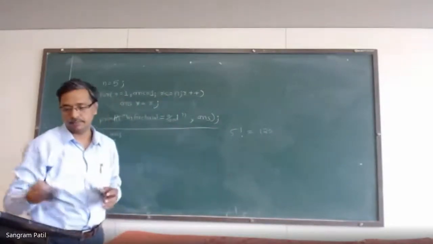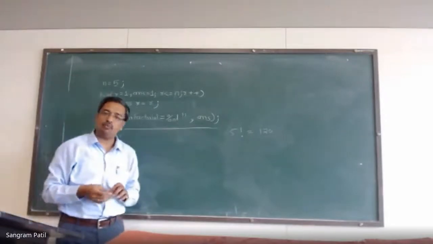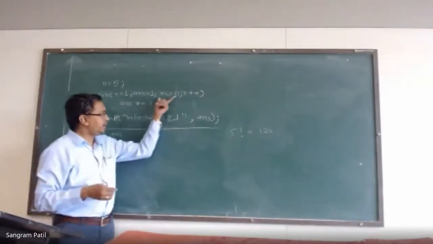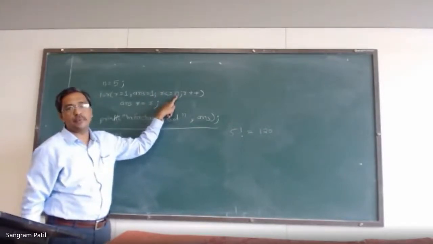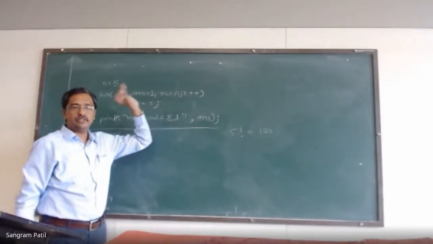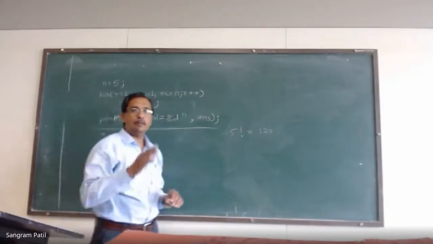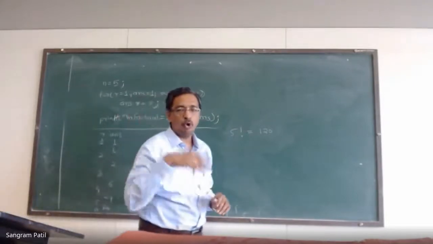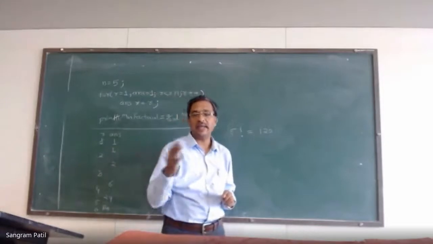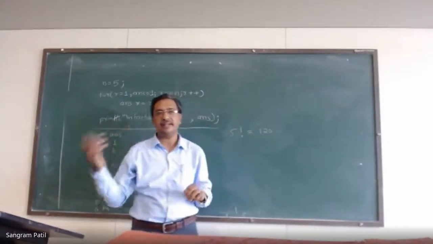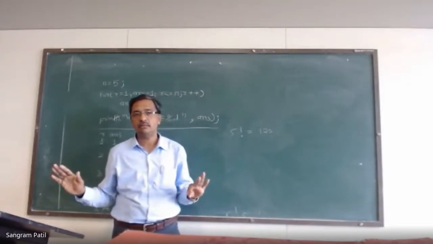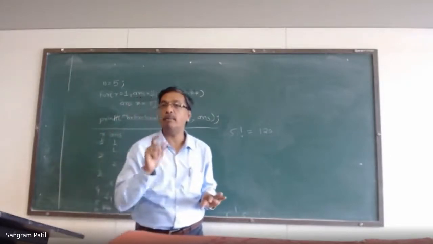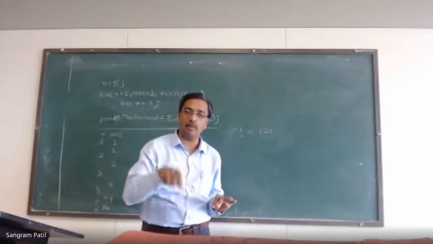This is allowed in a for loop, that in a condition for comparing the value we can use a variable. It is not necessary to compare the value of the variable always with some value like r is less than 15, r is less than 10, x is less than 20. Not necessary. Instead of a constant value or number, we can use a variable also.